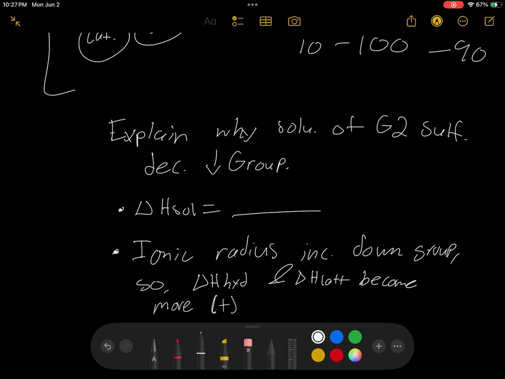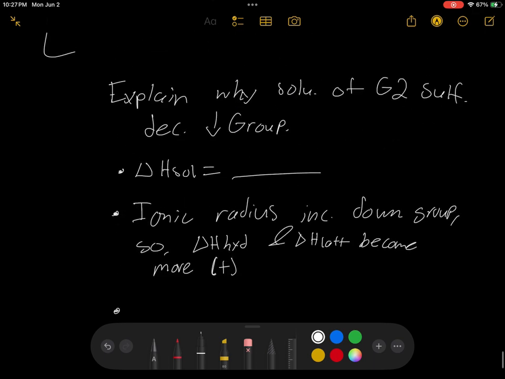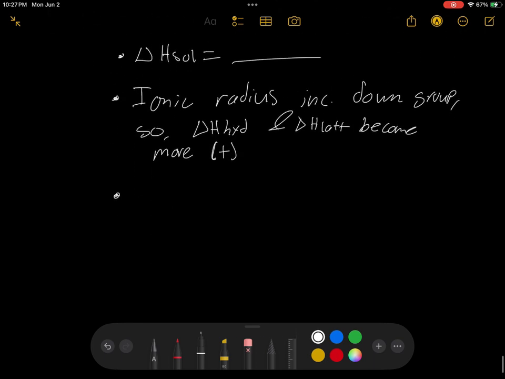That's another mark. And then the last mark would be saying, in this case, since solubility is decreasing, I know solubility decreasing means that delta H hydration is increasing at a faster rate.